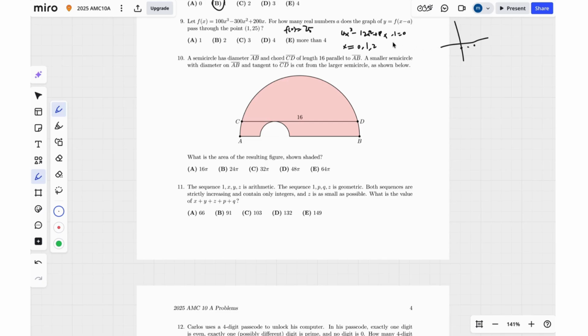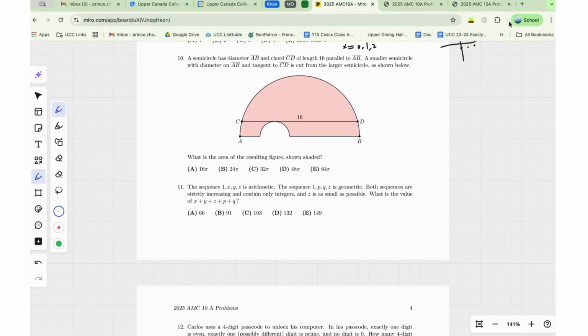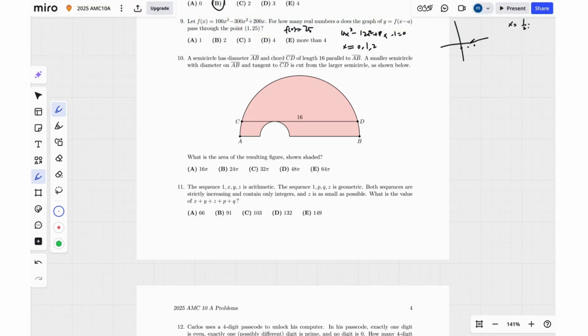So now, when we have x equals half, if we plug it in, we get that f of x should be equal to 1/2. That's there.